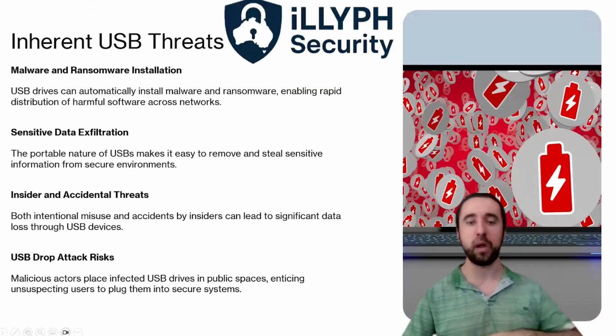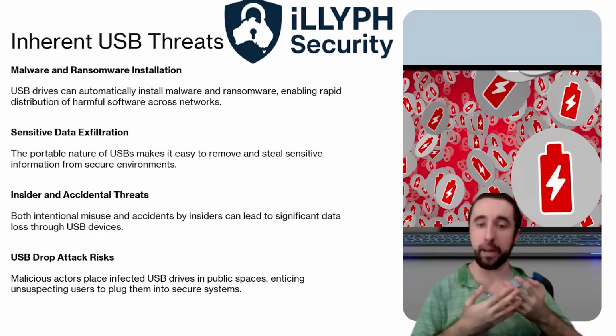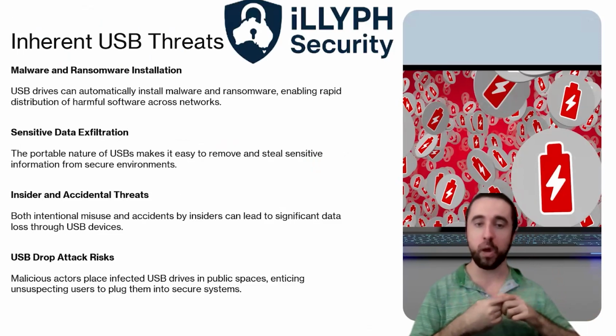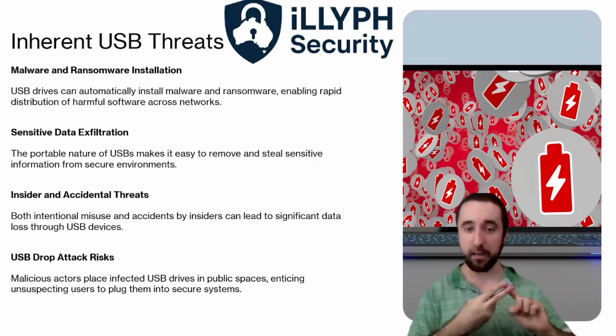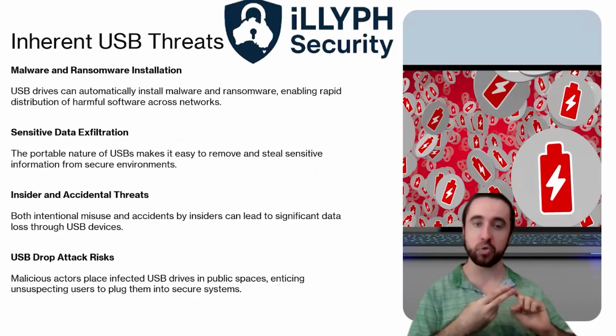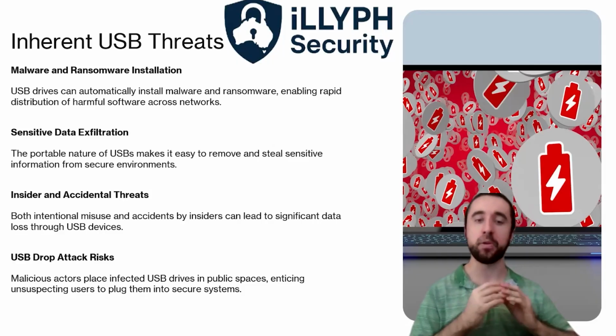Now let's look at the threats USB devices can introduce. The first is malware distribution, a compromised USB which can automatically install ransomware or spyware without the user even noticing. The second is data exfiltration, where sensitive files can be copied in seconds and carried out the door.